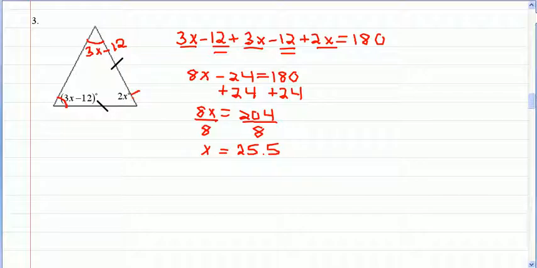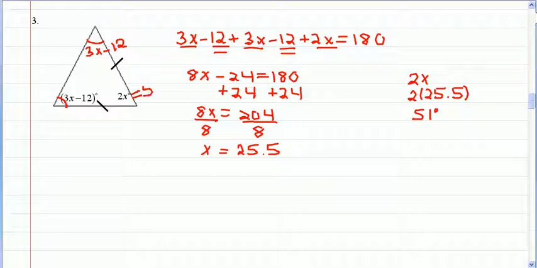So starting with the vertex angle of 2x, I'll do that work on the side. 2x is equal to 2 times 25.5, which is equal to 51 degrees.